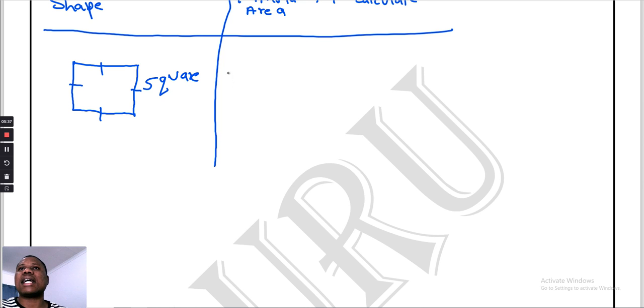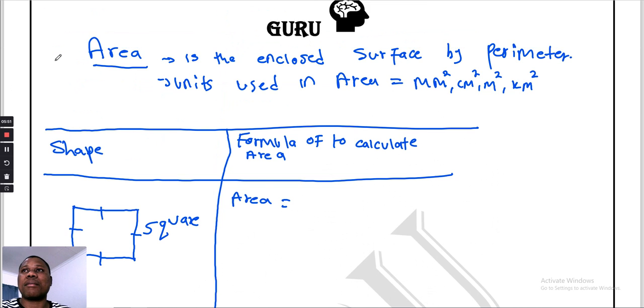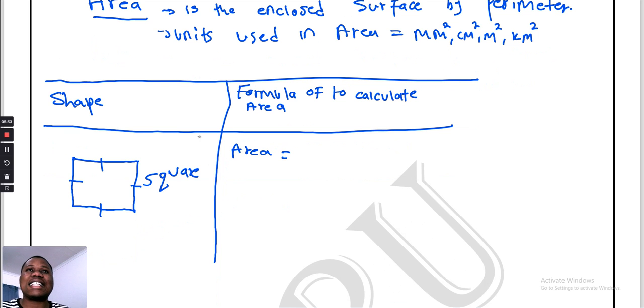The most important thing is to check how we calculate the area of a square. Remember we said the area is the enclosed surface by the perimeter, so we're talking about the space in between of this object, the space surrounded by the perimeter.